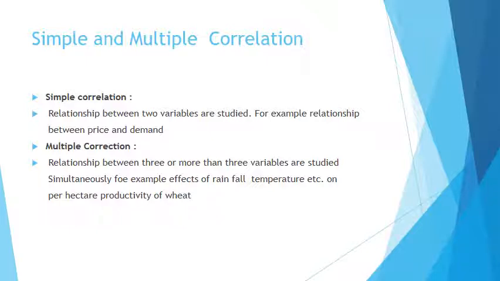When the relationship among three or more than three variables is studied simultaneously, it is called multiple correlation. In case of such correlation, the entire set of independent and dependent variables is studied simultaneously. For example, effect of rainfall, temperature, water, etc. on per hectare productivity of wheat.